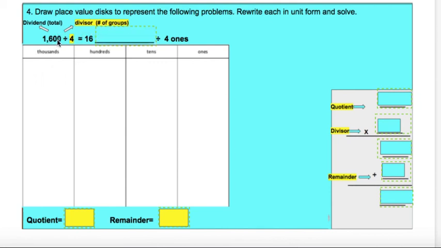Next one, 1,600 divided by 4. Same as before, this is not a perfect 10, so I'm not going to be able to say that this is just 1600s or 16,000s or 16 ones or 16 tens. I'm going to have to actually put this number on a place value chart. 1,600 means I have how many thousands?